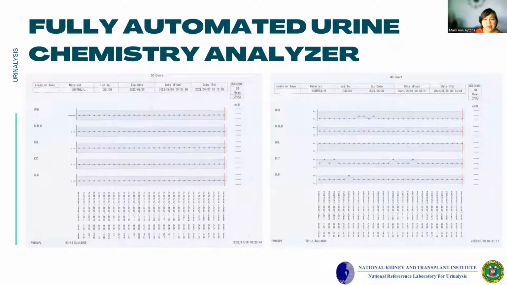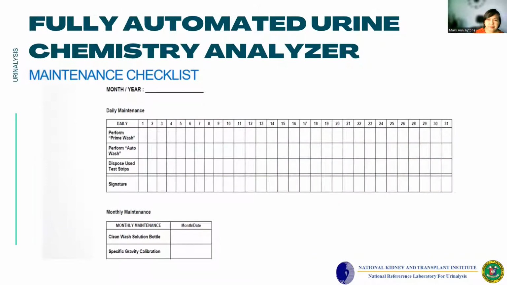Who among you are still doing the manual plotting of your QC graph? With automation, you already have the QC graph. If you have equipment, there should be regular maintenance. The main purpose of regular maintenance is to ensure that all equipment is operating at 100% efficiency at all times.